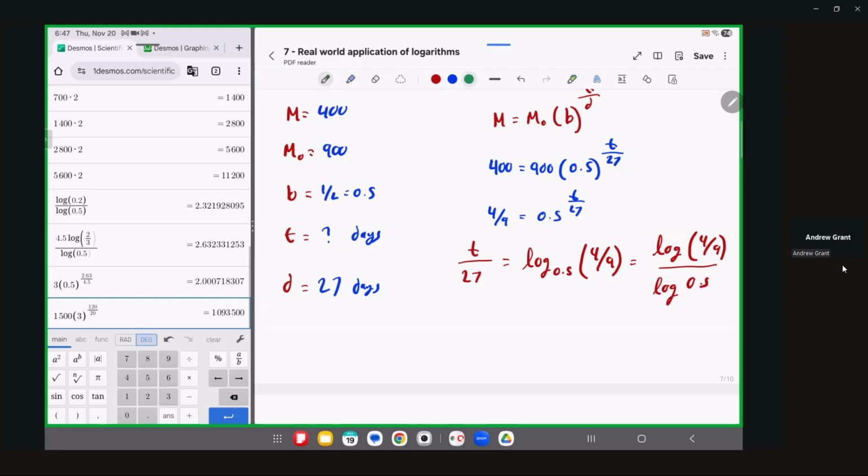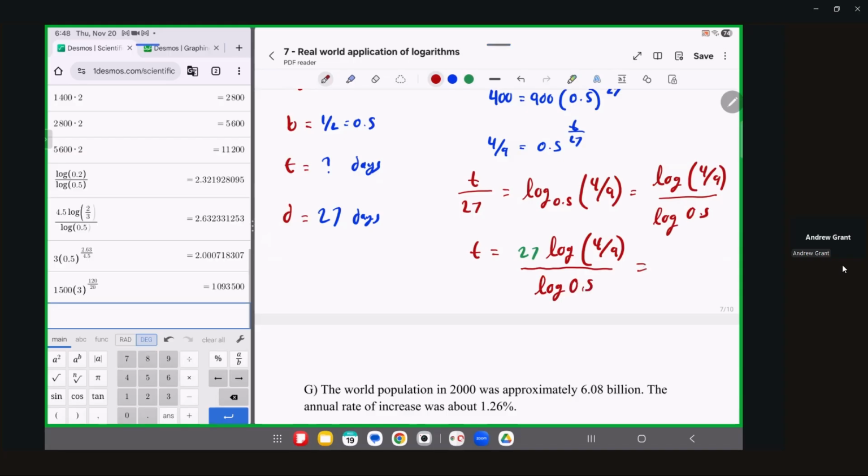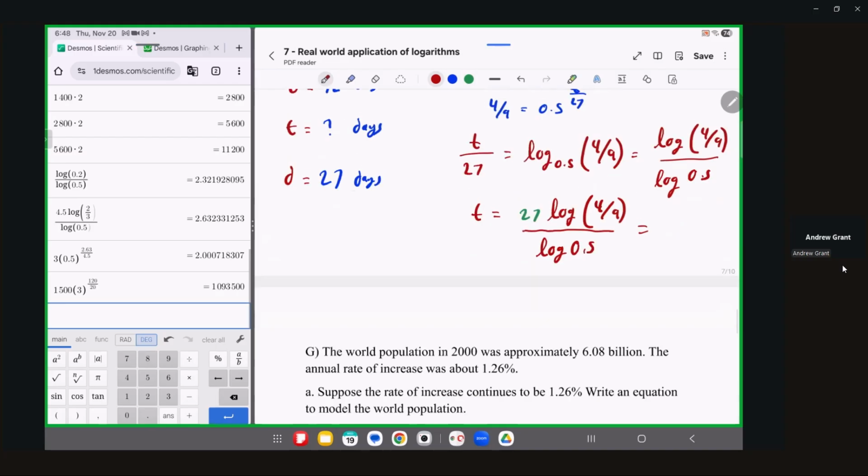Multiplying both sides by 27 yields t being equal to 27 multiplied by log of 4/9 divided by log of 0.5. Okay, well, let's have a look here.